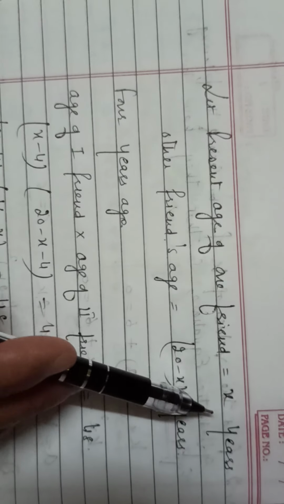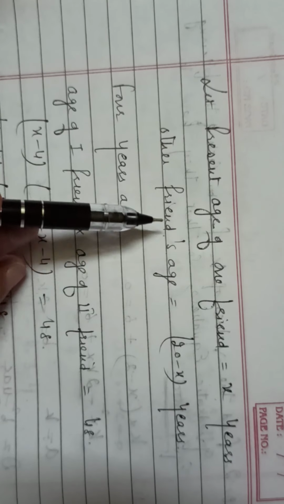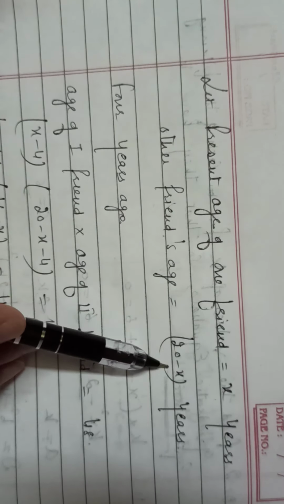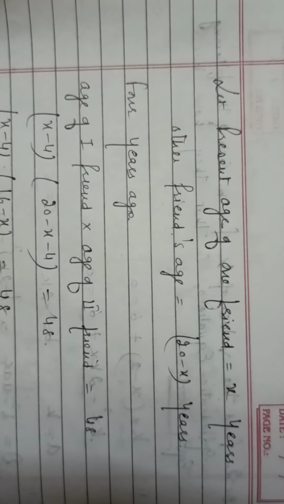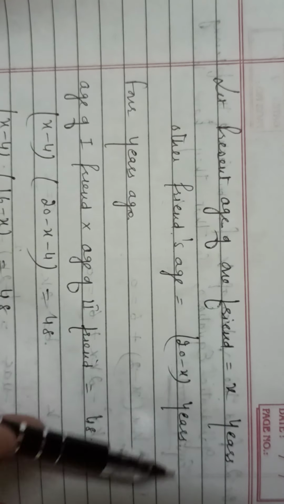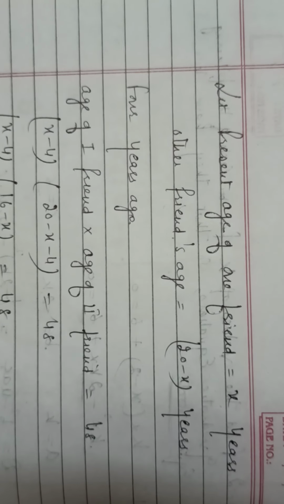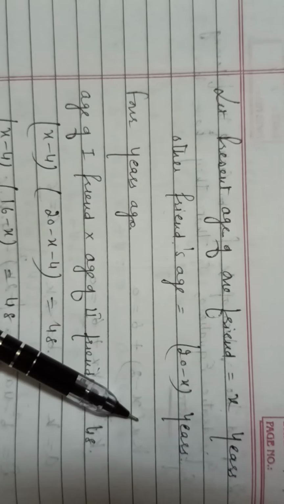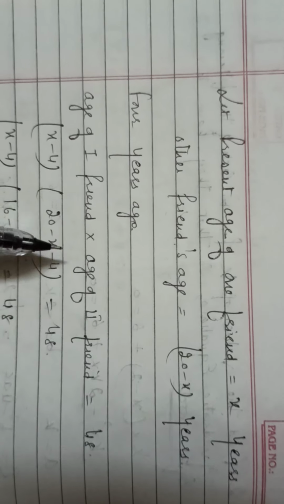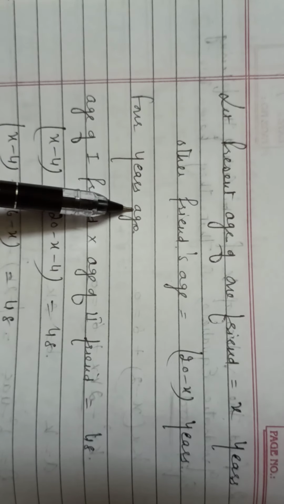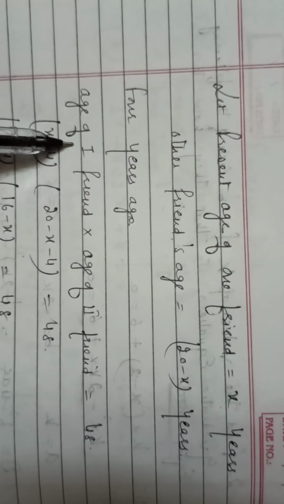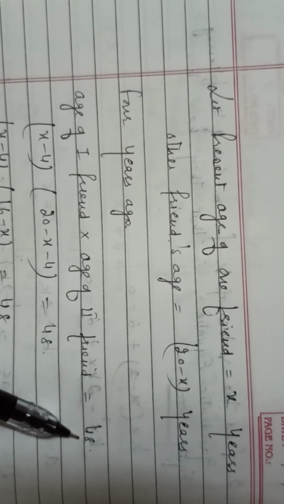See, the sum of the ages of two friends is 20 years. If one friend's age is x years, then the other friend's age will be 20 minus x, because the sum of both their ages is 20. Now it is given 4 years ago the product of the ages of both the friends is 48.